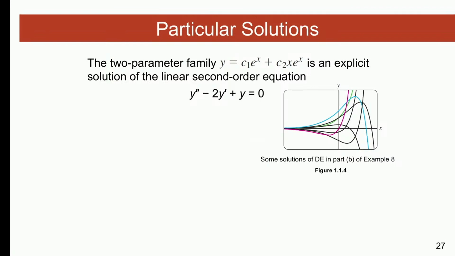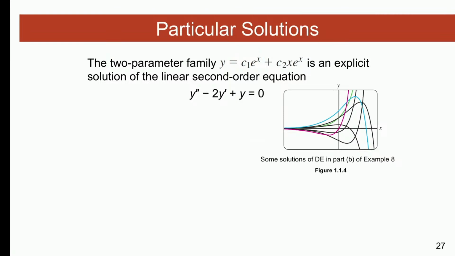So when we talk about these building block solutions, you have a family of solutions, and you can see that for this particular differential equation, the building blocks are e to the x and x e to the x.